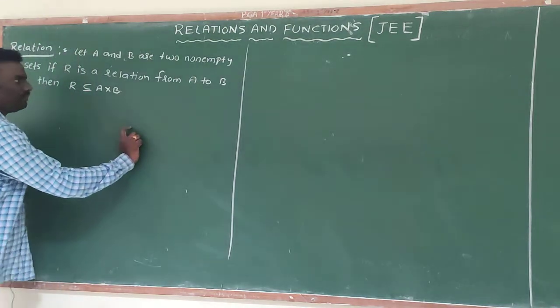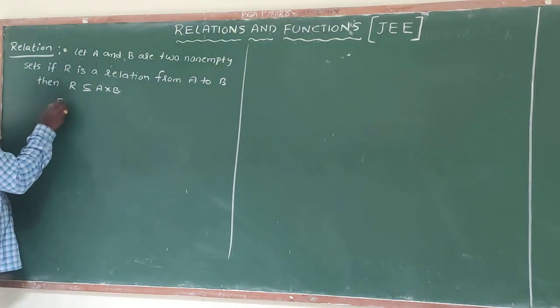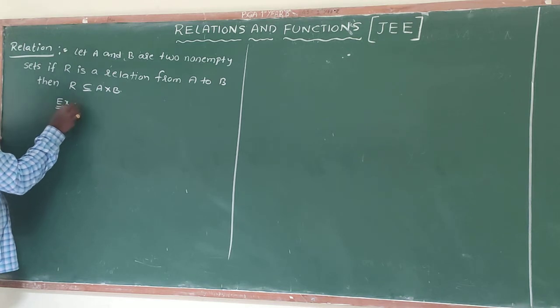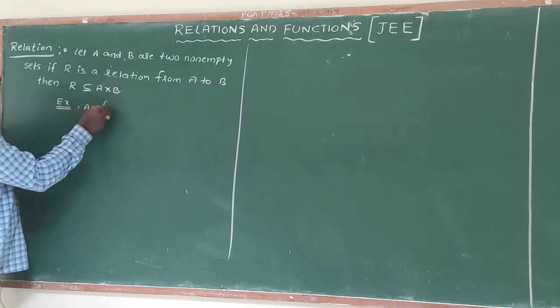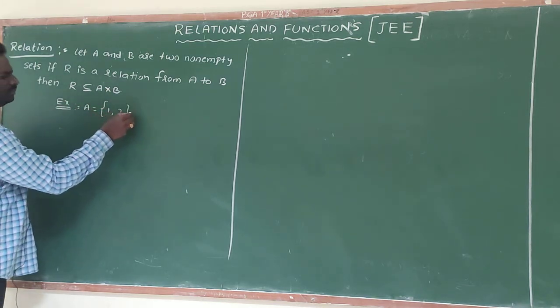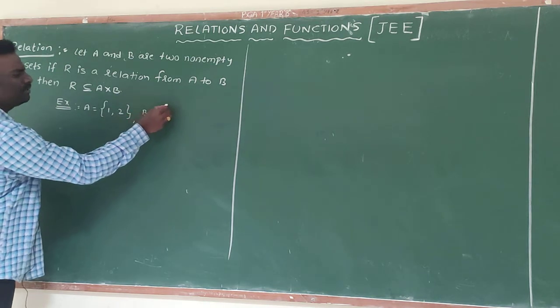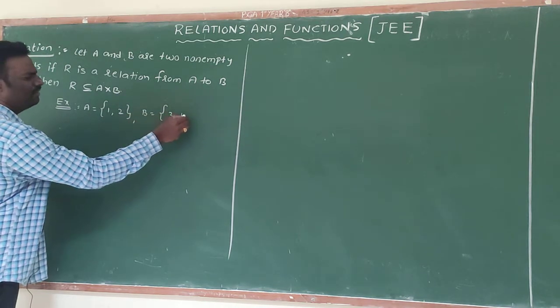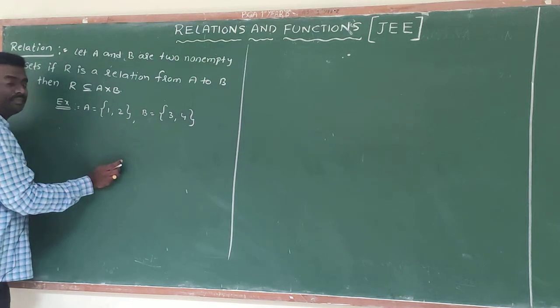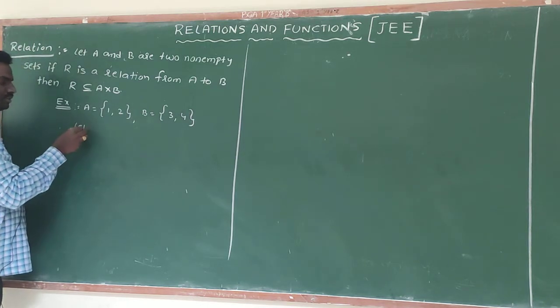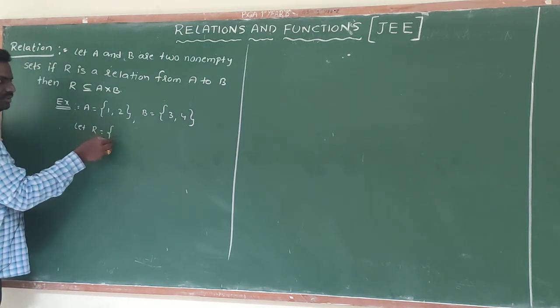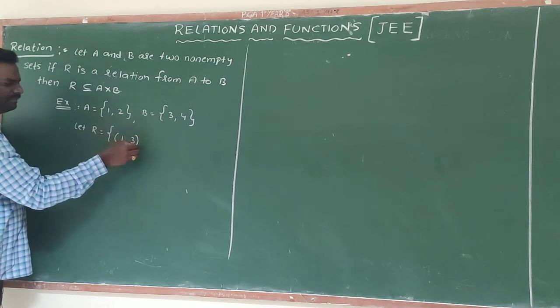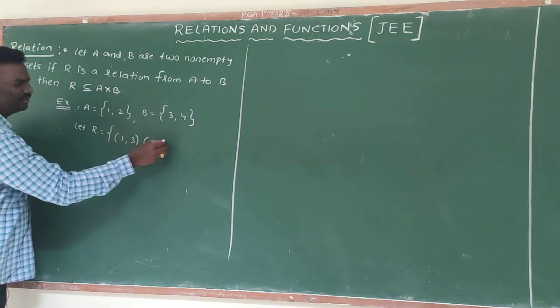Example: A equals 1, 2 and B equals 3, 4. Let R equal (1, 3), (2, 4).